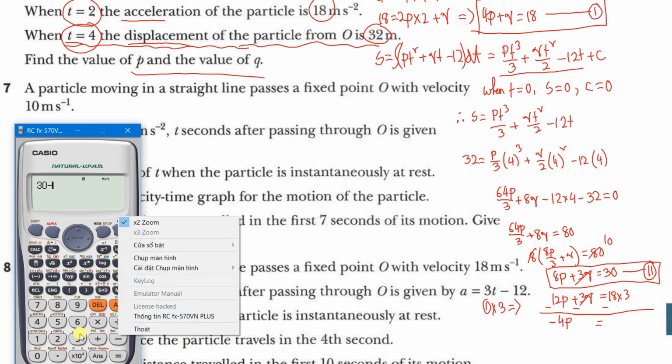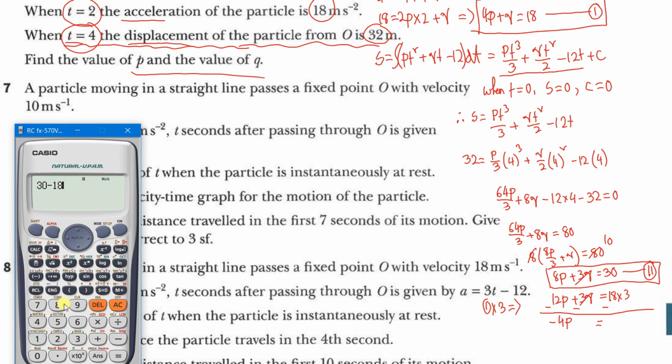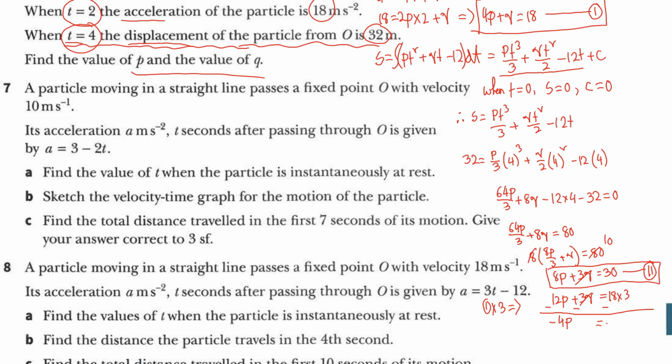30 minus 18 into 3, yes, so the value is minus 24. The minus cancels out, so p comes 24 divided by 4, which is 6. So we got the value of p as 6. Let me put this value in any equation to get the value of q.